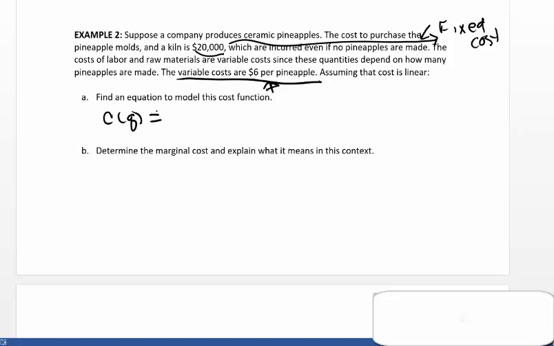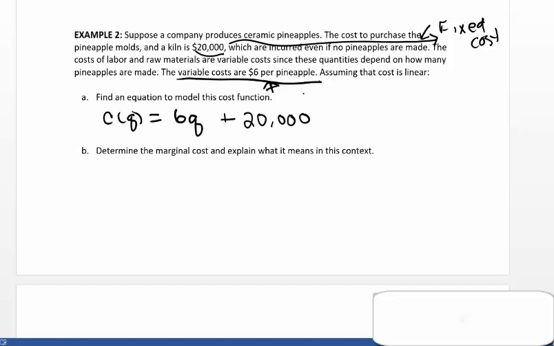So the cost equation has two parts. We said a fixed cost and a variable cost. The variable cost, we said, is the slope of the line. That is the one that is attached to our variable. So we have 6Q, so that's $6 per pineapple, plus, now our fixed cost is our B, or our number where we cross through the vertical axis.